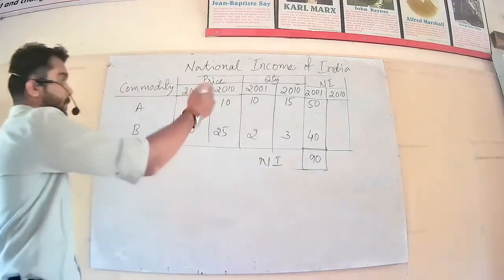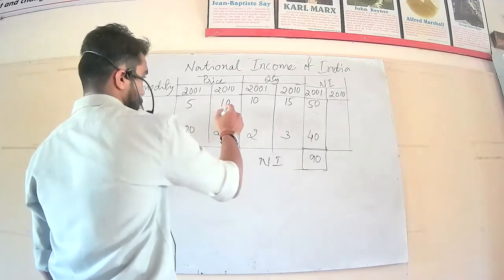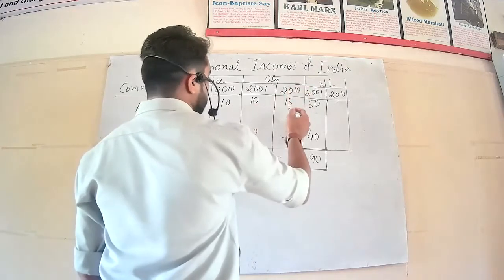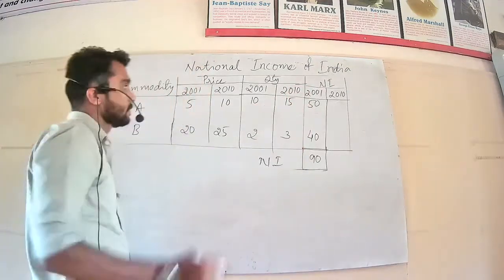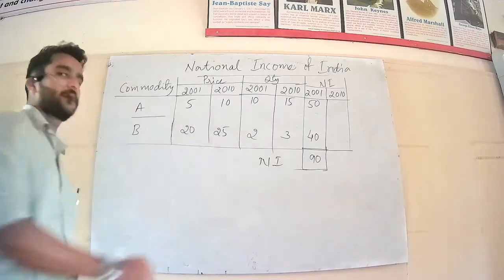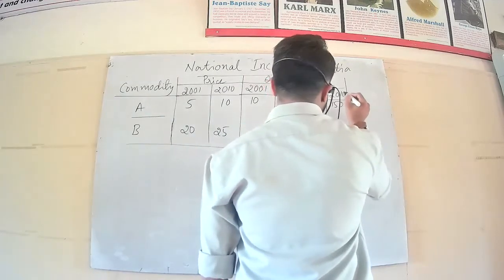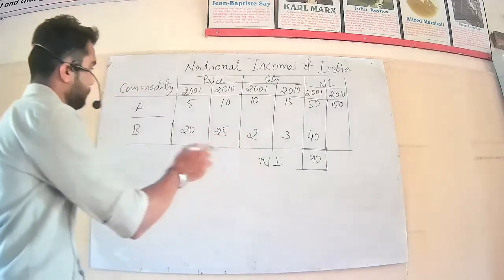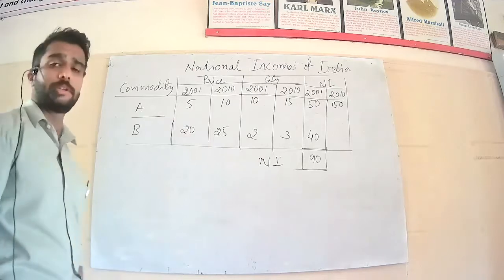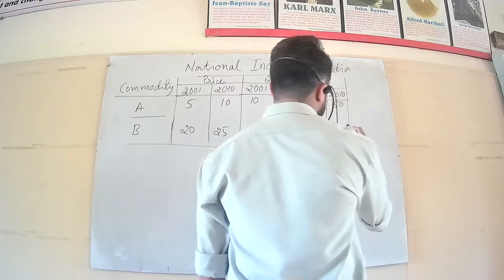Now coming to the year 2010, the commodity price was 10 rupees and the quantity of production was 15 units. So the total income generated by selling commodity A is 150. Then commodity B, the price is 25 and the quantity of production is 3. So 25 into 3, that is 75.